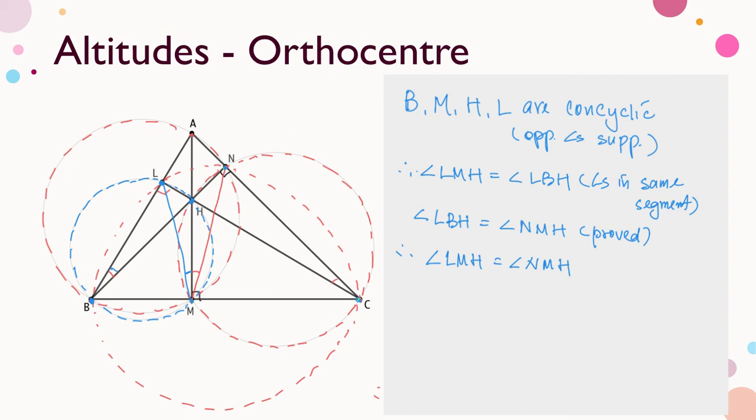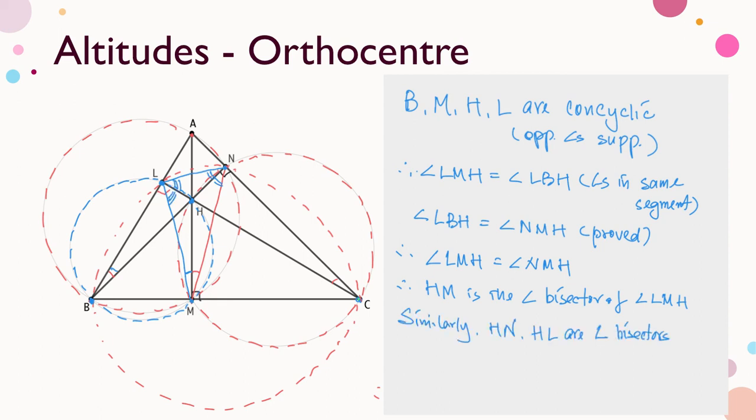That is, HM is the angle bisector of angle M. Similarly, we have HN and HL are the angle bisectors of angle N and angle L respectively. In other words, H is the incentre of the triangle MNL, the feet of altitudes of the triangle ABC. So, orthocentre is really the centre of a circle.